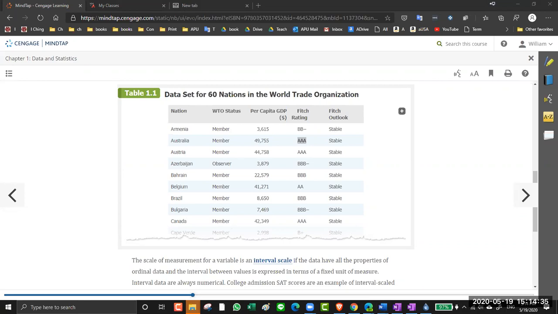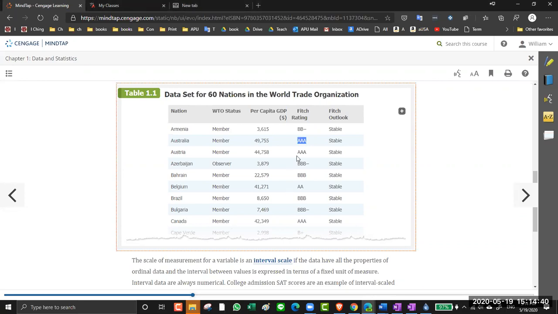What's different about this one than WTO status? Each rating has more options. More options, that's definitely true. Fitch rating has more categories. That's true, but there's something else besides that.